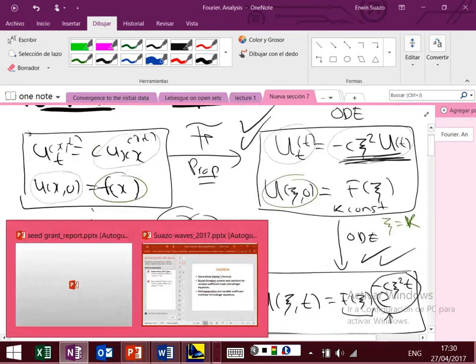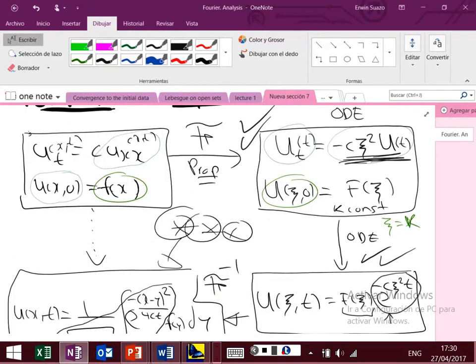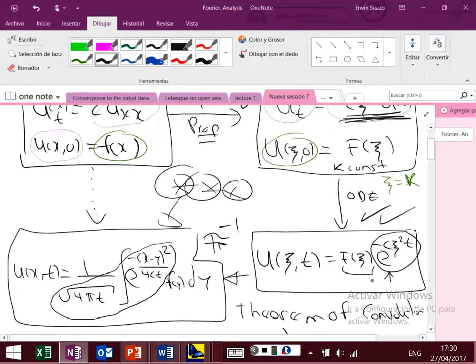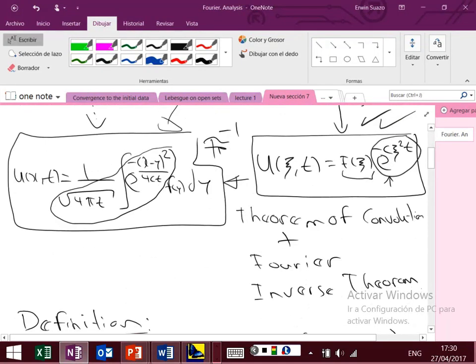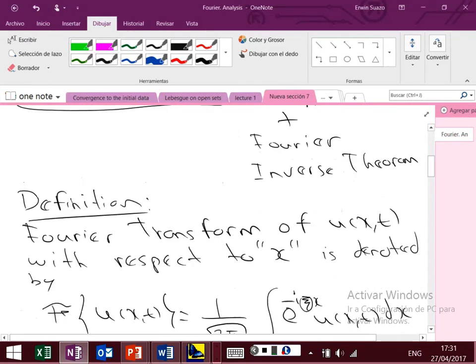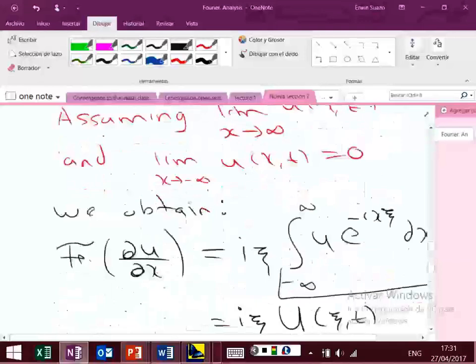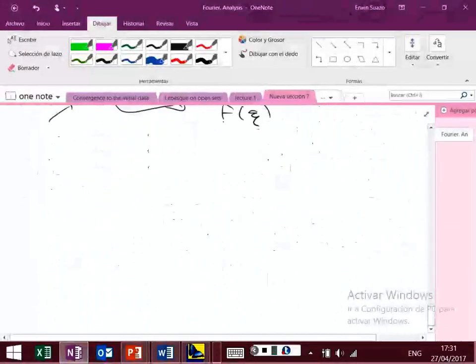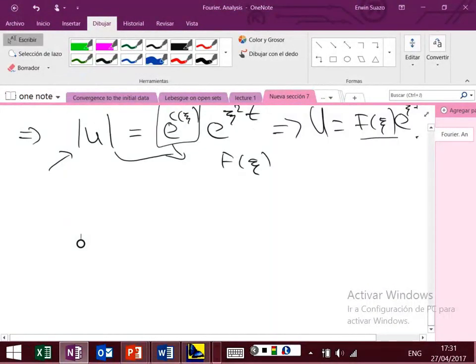So to go back, I need 2 main theorems. I'm almost done. Okay, so I have f of theta and e to the minus c theta squared t. I'm going to write the theorems that I need: the theorem of convolution and the Fourier inverse transform, and they're easy to remember. I'm not going to do the proof today.